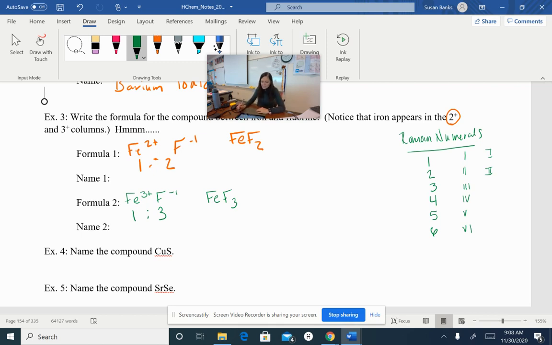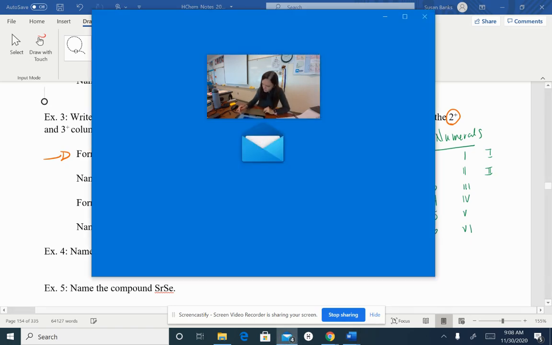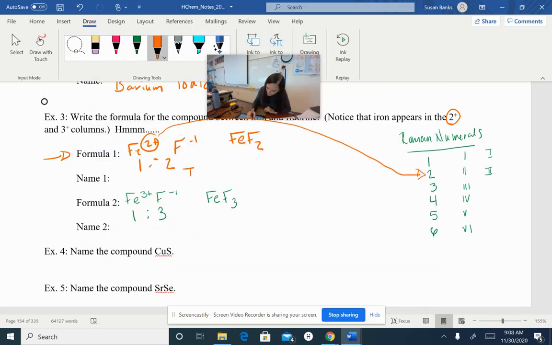Because the iron in this first one is a +2, we're going to use the Roman numeral 2 to show us that it is a positive 2. So we're going to name this like this. We're going to call this iron (II).